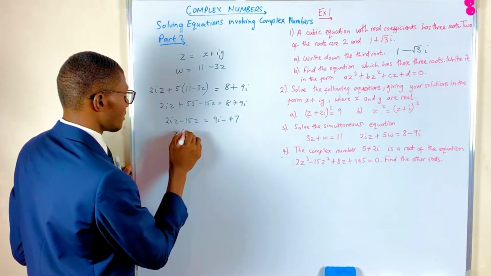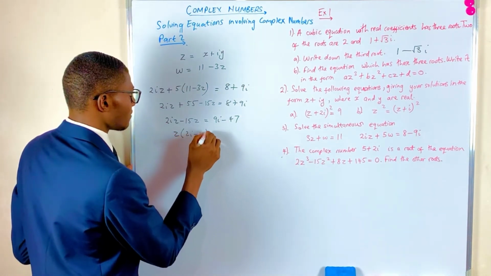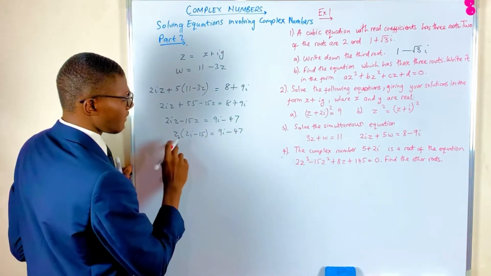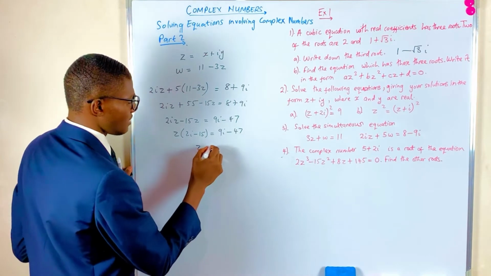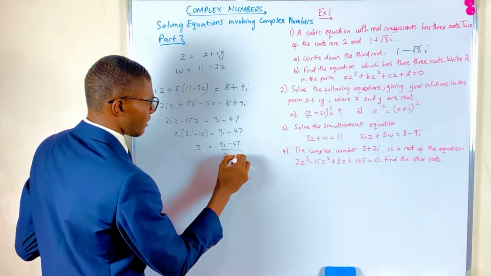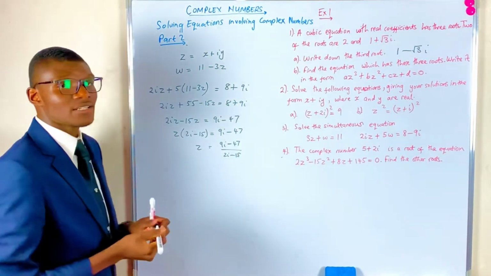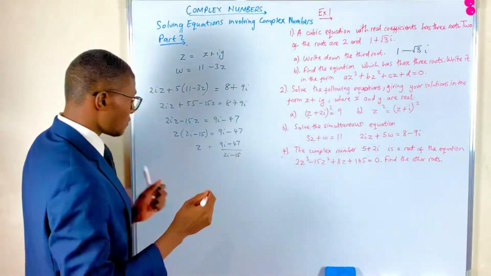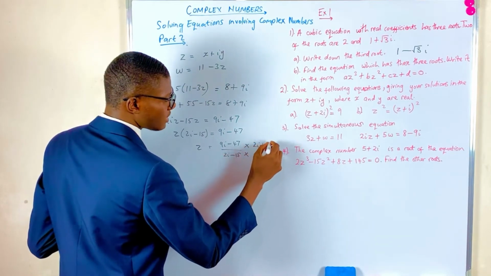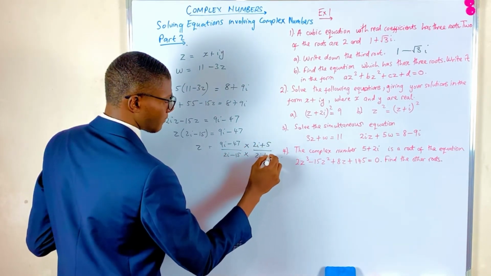Right, so factoring out z, we've got 2i minus 15, so like this. Then dividing both sides by 2i minus 15, z is equal to 9i minus 47 over 2i minus 15. Then this division of complex numbers, which we say we multiply both the numerator and the denominator by the complex conjugate of the denominator, right?